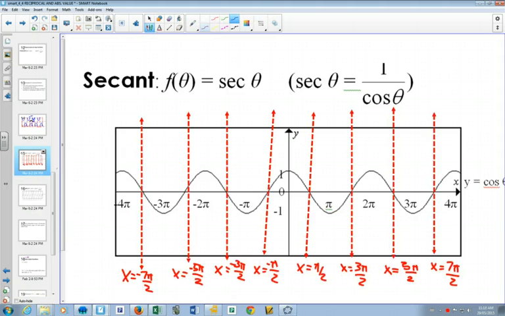Since the shape of cos is the same as the shape of sine, the shape of secant is going to be the same shape as cosecant was. So these points are going to stay the same. Then it's going to go towards your asymptotes.